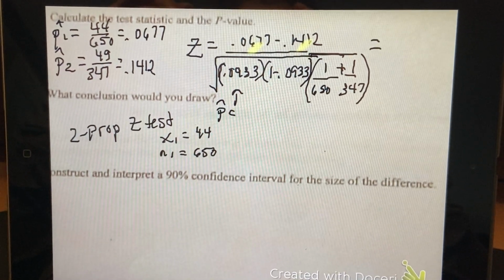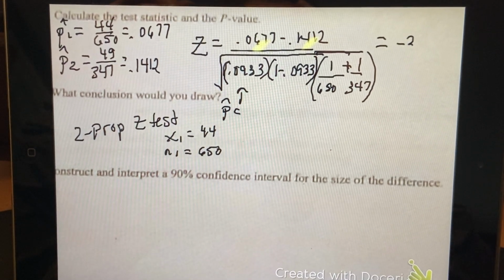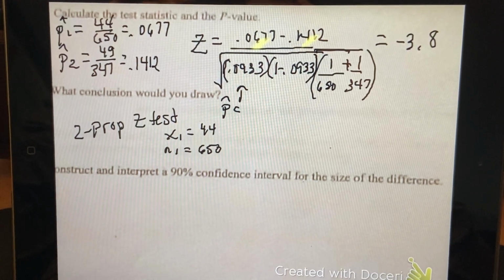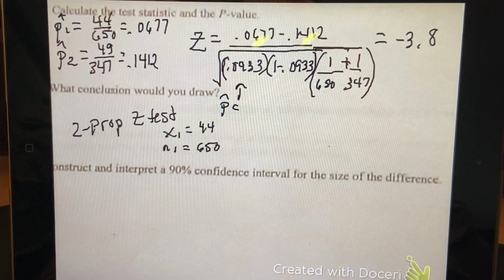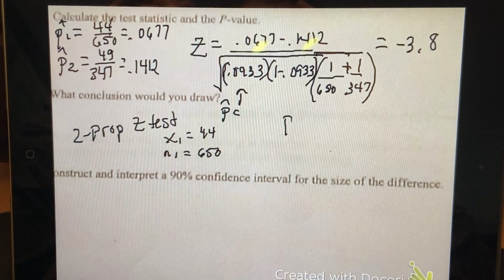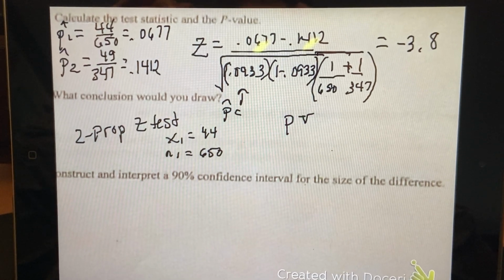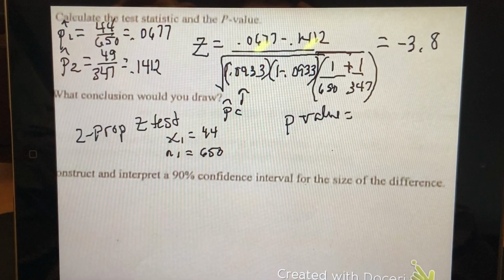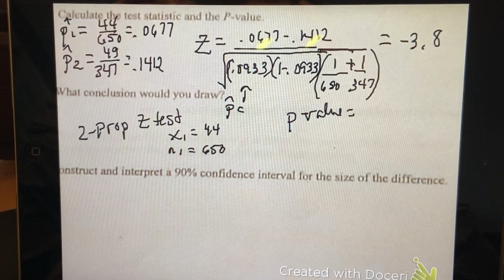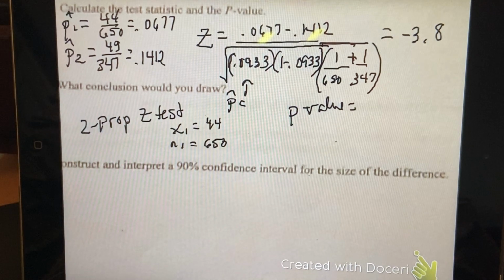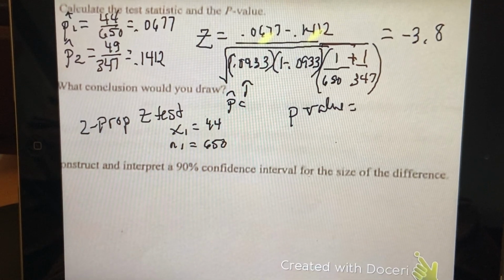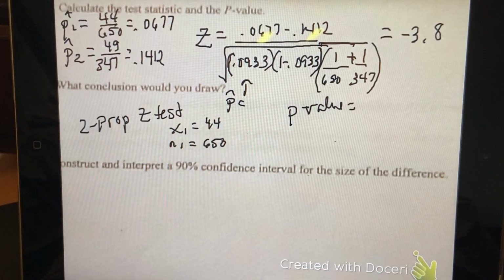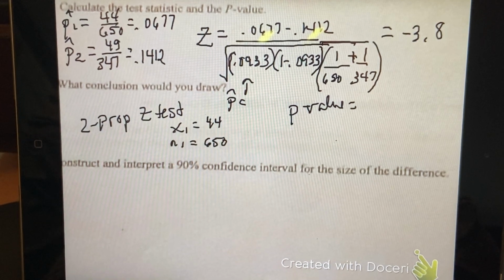And we end up getting a z-score of negative 3.8. Okay, and then while I have it, my p-value right below it says 1.4345 and then e to the negative 4. You will never, ever, ever have a p-value greater than 1.